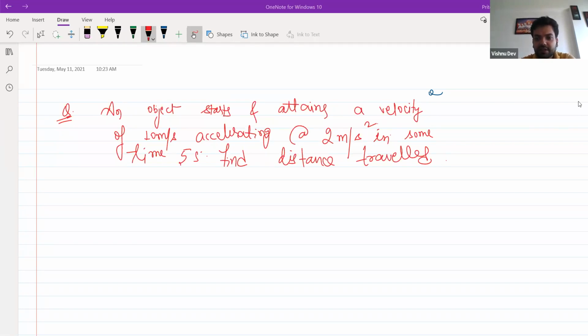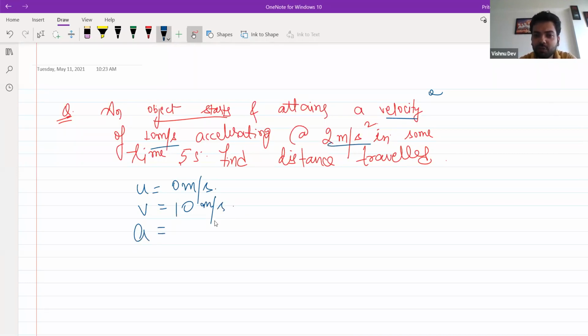25 meters, yes. So here you can see what all things we have. The object starts, that means its initial velocity is 0, it attains a velocity of 10, so v is given as 10. Accelerating at 2, I have given you almost all the information, so you were free to use either equation. In some time t, so t will be 5 seconds. You have to find distance.